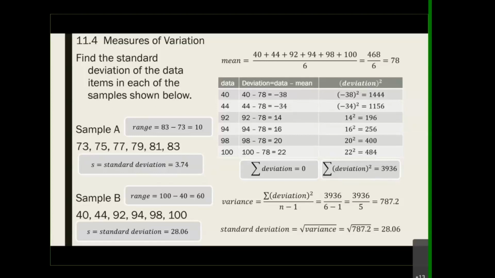Okay, gotcha. Thank you. So to go back to the standard deviation, the purpose of this example is, like I mentioned, the mean does not dictate your standard deviation, ladies and gentlemen. The range does. As you can see, look at sample A. In sample A, all of your data are clustered together, right? The range of your data in sample A is 83 minus 73. That's 10 units apart.